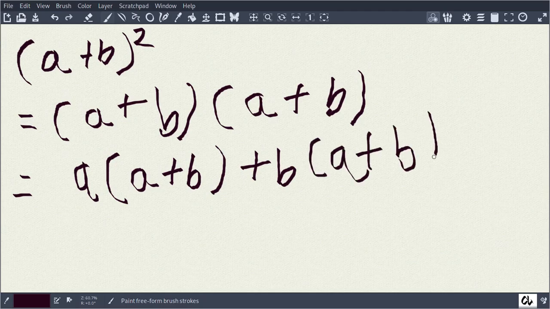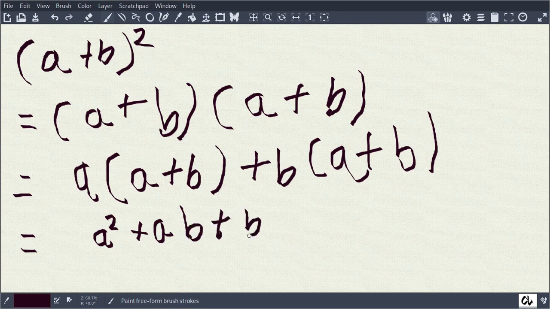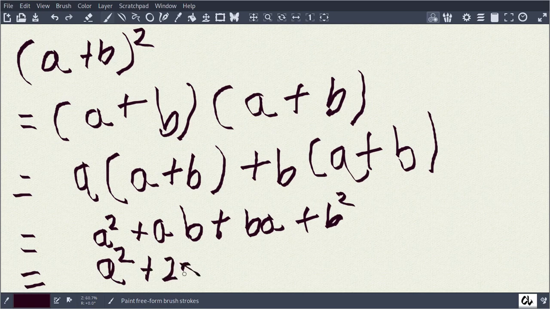And what we did in our algebra classes is we basically multiplied them with another property of algebra, and I do not know the name of the property, but you get a squared plus 2ab plus b squared.